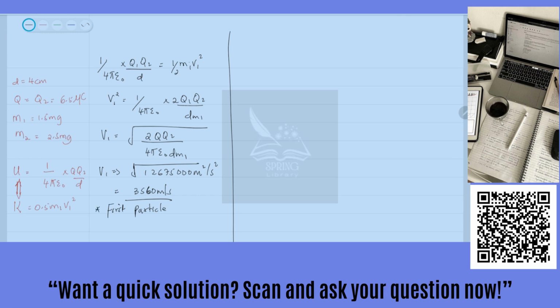Now, when both particles are released, so let's look at both particles. All right. Now, our K will be equal to 0.5 of m1 v1 squared plus 0.5 of m2 v2 squared, because of conservation of linear momentum. m1 v1 must give you m2 v2, correct?